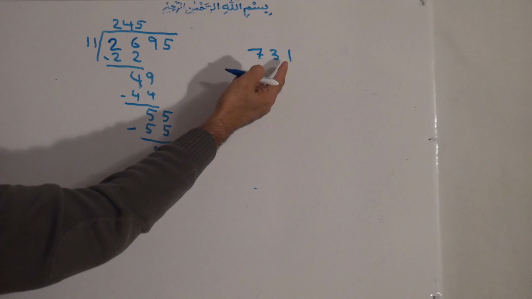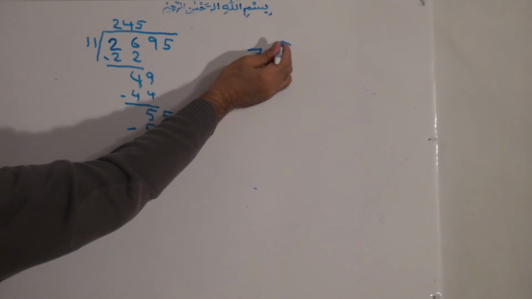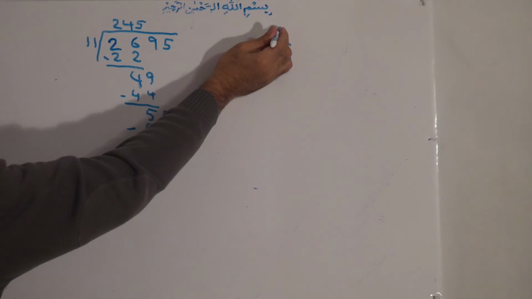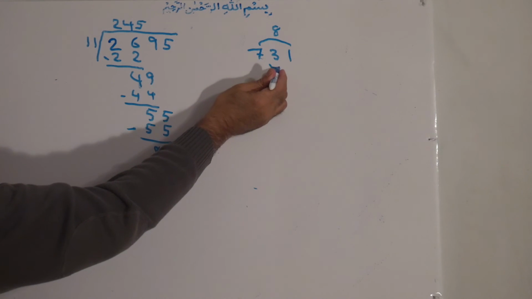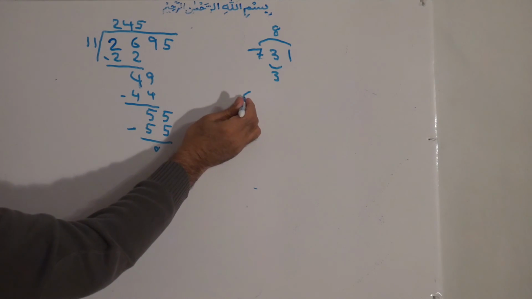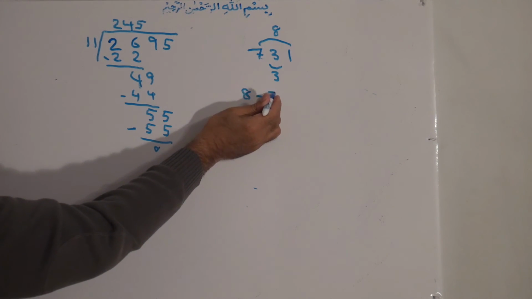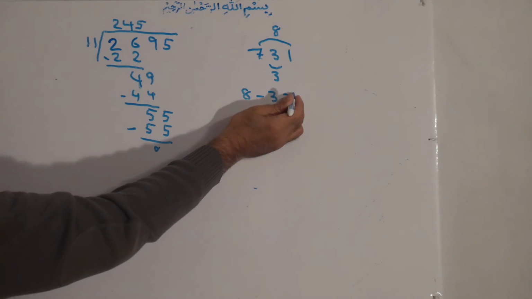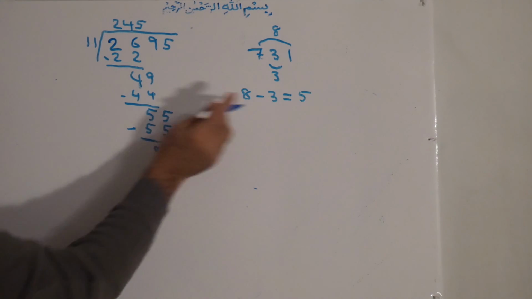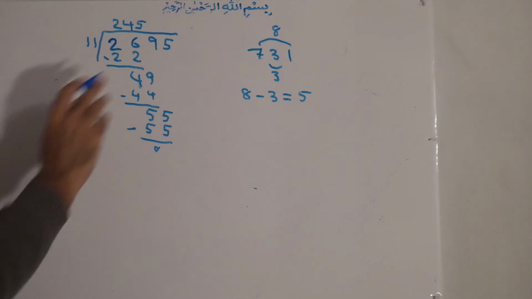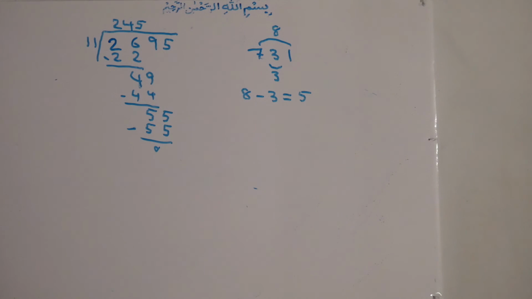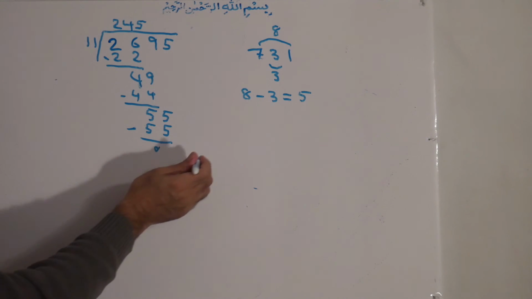Now we see another number like 731. The odd digits, first digit and third digit: 7 plus 1 is 8, and the other one is 3. Now 8 minus 3 is equal to 5. Because 5 is neither 0 nor 11, 731 is not divisible by 11.